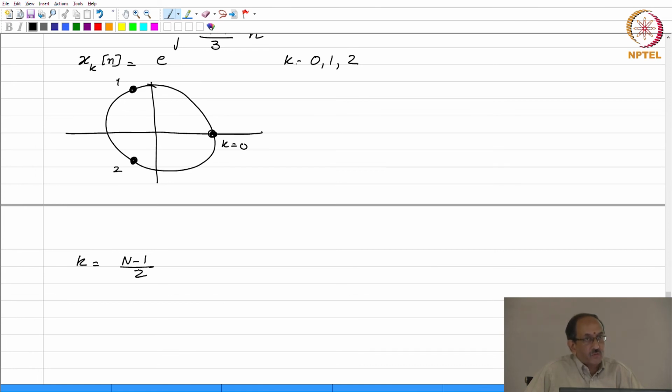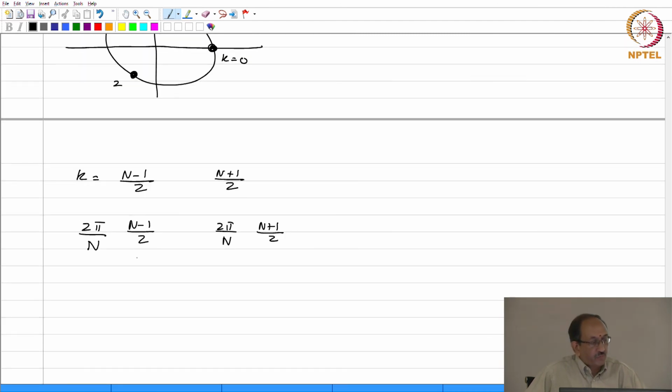The other value of k that will also produce something that is closest to pi will be N plus 1 by 2, and what will be the actual frequency? So, 2 pi by N times k, k is N minus 1 by 2, and here you have 2 pi by N, N plus 1 by 2, all right.